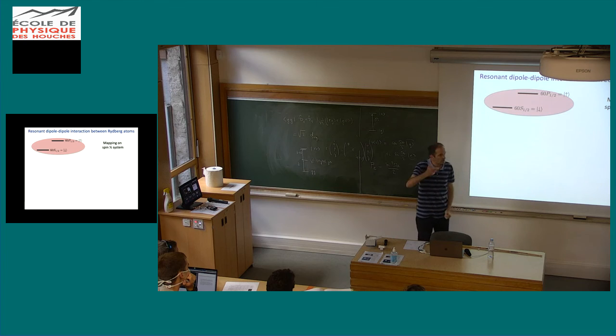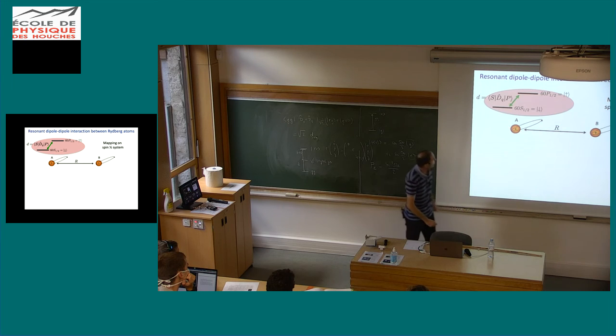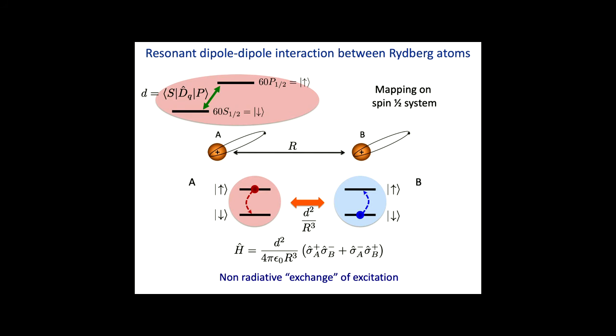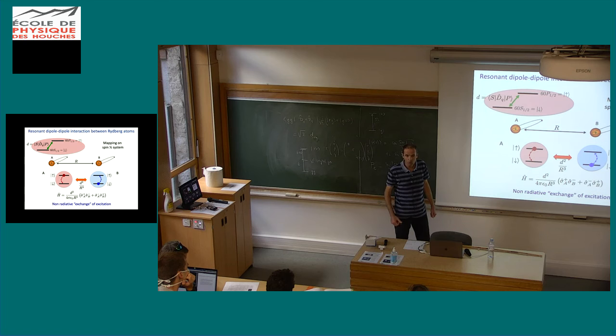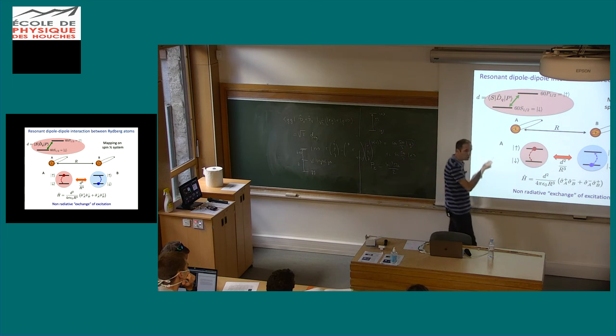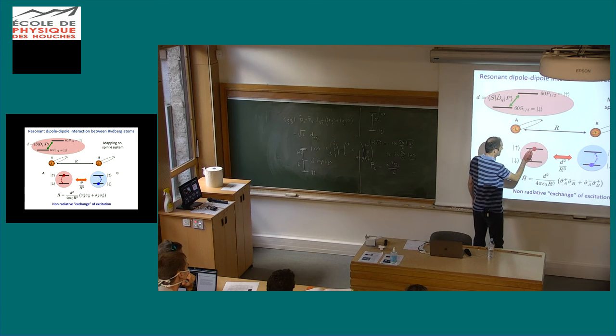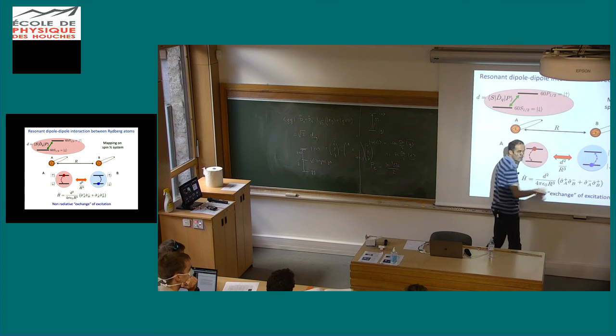The reason for that is that there is a dipole matrix element connecting the two of them because they have opposite parity. Okay? So, from the point of view of the interaction, what does it look like? Well, it looks exactly like what Darek showed you this morning, or what we also discussed. It means that you've got two degenerate configurations: the configuration where you have one atom in the state P and the other in S, or vice versa.